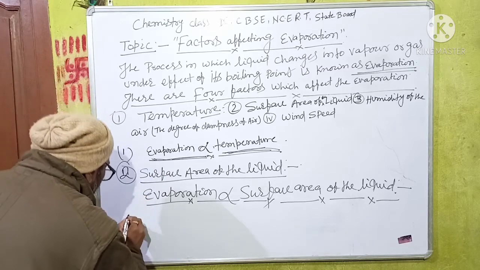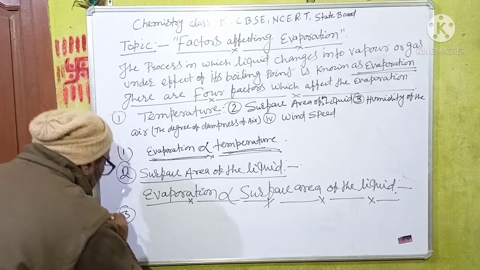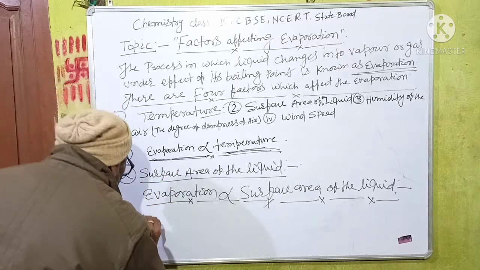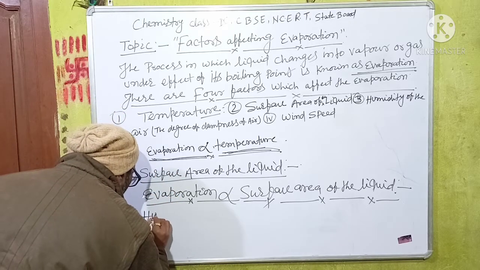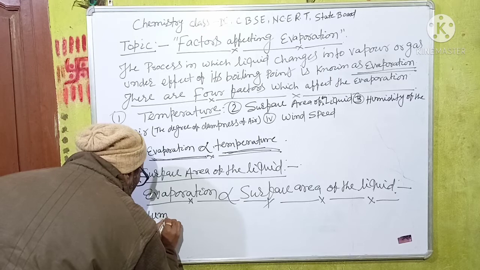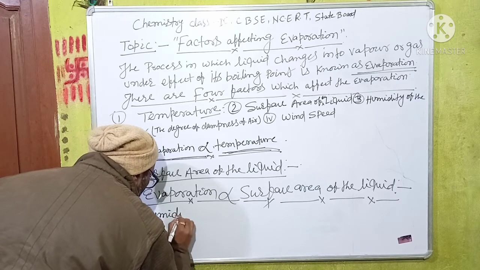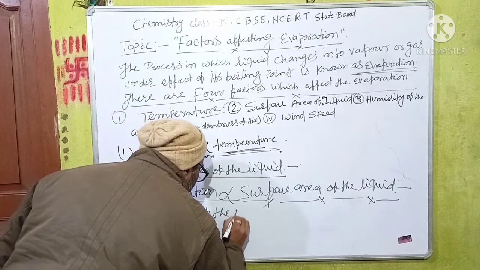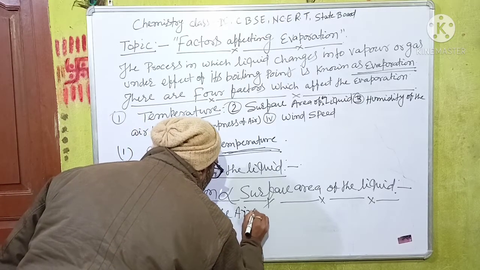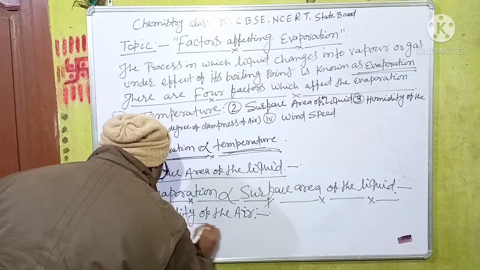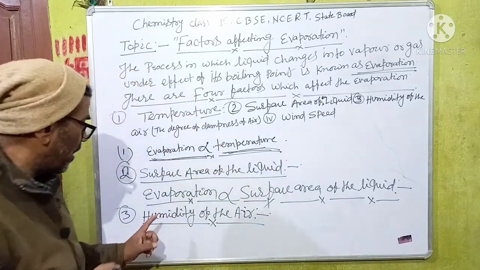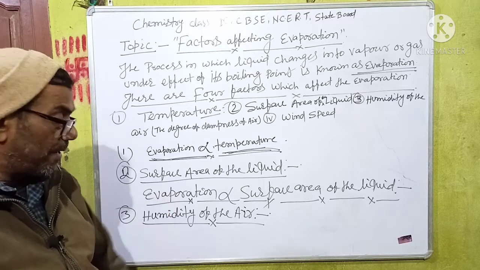The third factor is the humidity of the air. Humidity of the air means the third factor of evaporation is the humidity of the air.